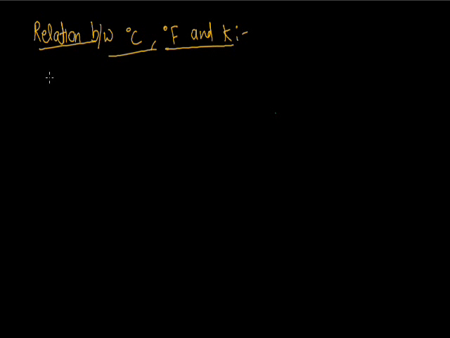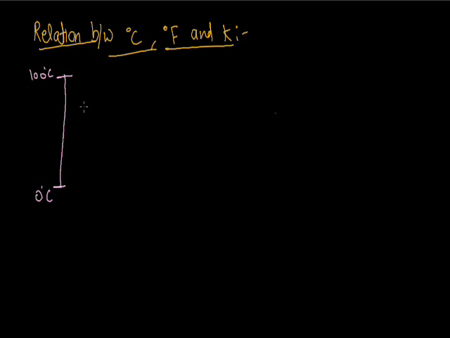Now, the relation between degree Celsius, degree Fahrenheit, and Kelvin. We know the scale: upper fixed point is 100 degrees Celsius, lower fixed point is 0 degrees Celsius.